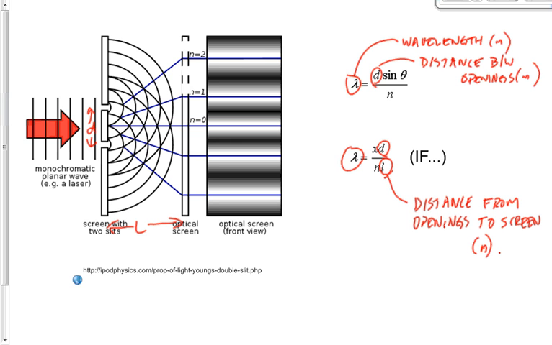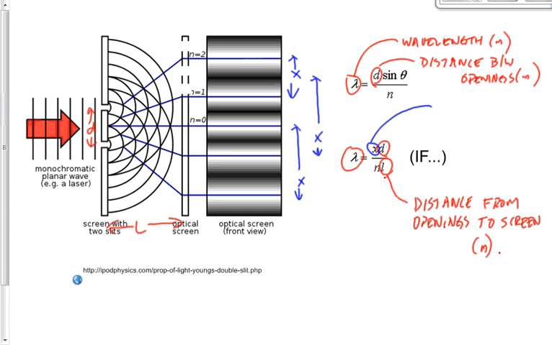Let's look at another one. This one gets a little bit trickier. X. X is this distance, or this distance, or this distance.